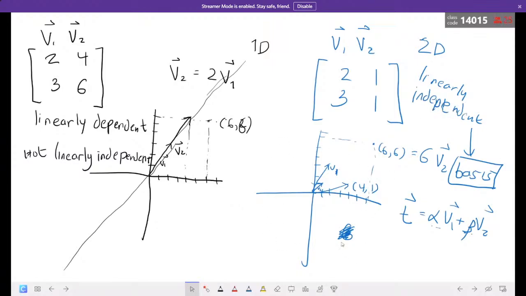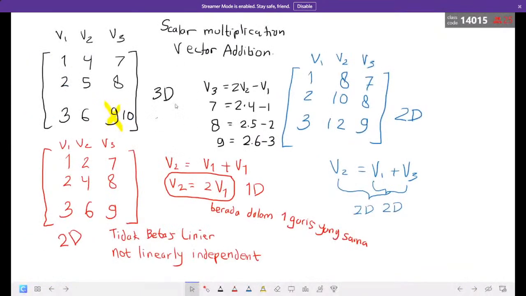Any point in this space is reached by these two vectors. So we say that we live here in a two-dimensional span. The dimension of these two systems is basically 2 dimensions. And for this one it is 3 dimensions because the maximum number possible for this representation is 3.